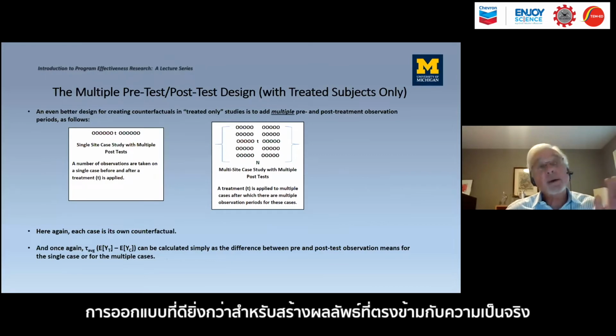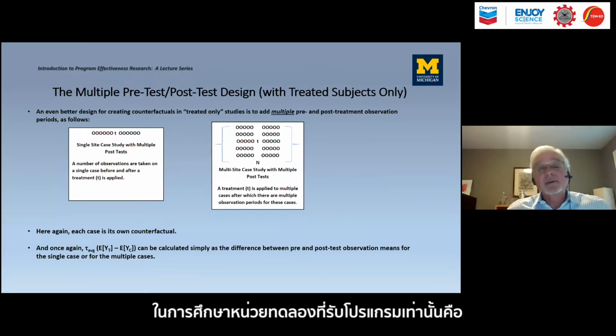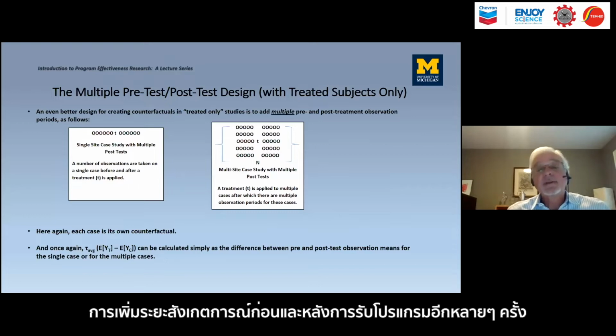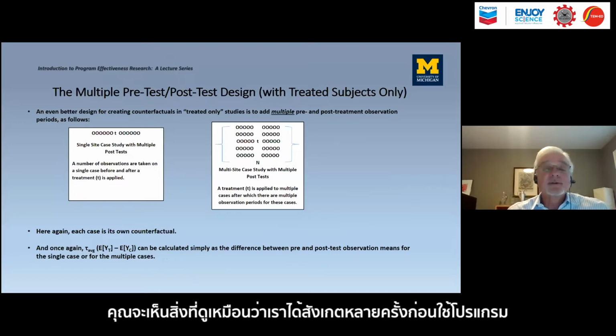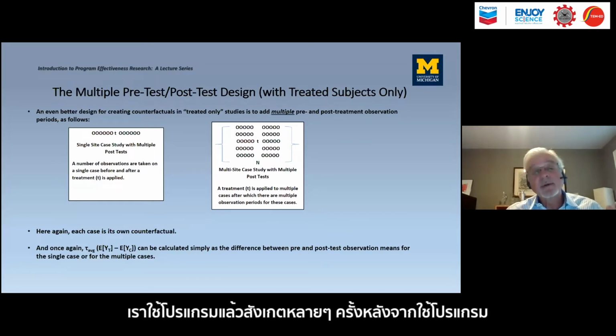But an even better design for creating counterfactuals in treated-only studies is to add multiple pre and post-treatment observation periods. So here in the white boxes, you see what that looks like. We observe several times prior to the application of the treatment, we apply the treatment, and then we observe several times after treatment application.